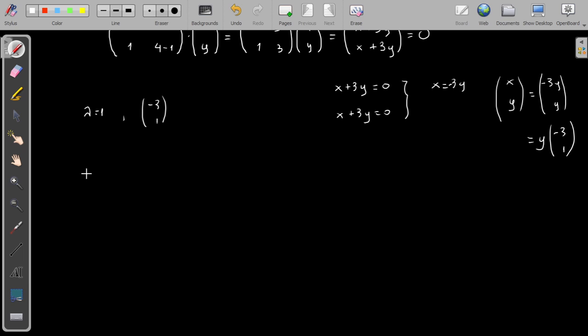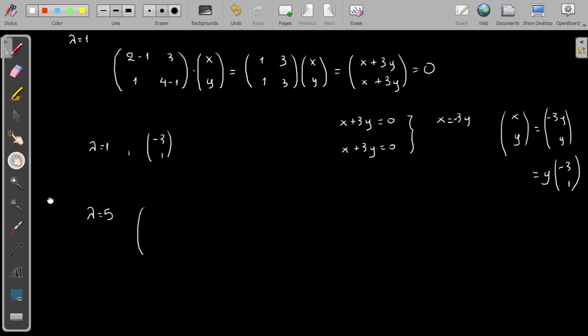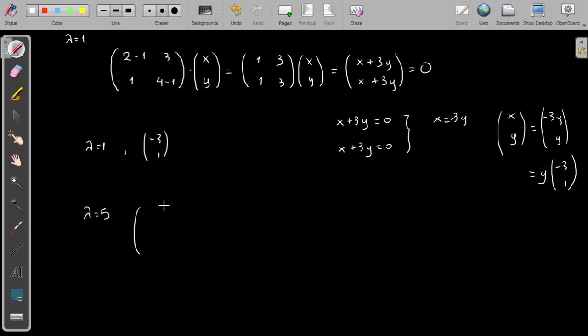For my other lambda value, which is 5, I will substitute my lambda value into the matrix: 2 minus 5, 3, 1, 4 minus 5, times x, y.